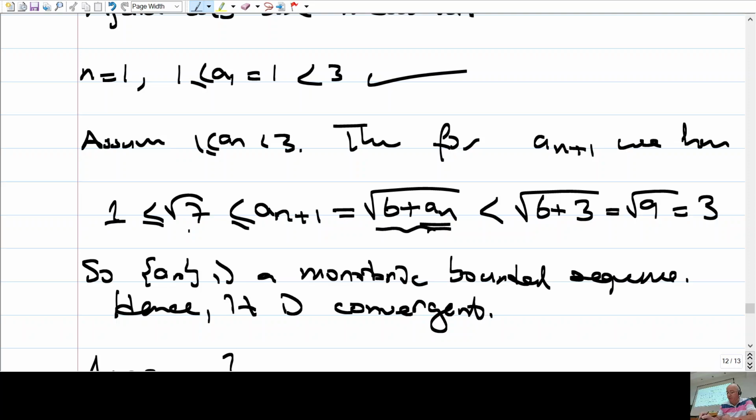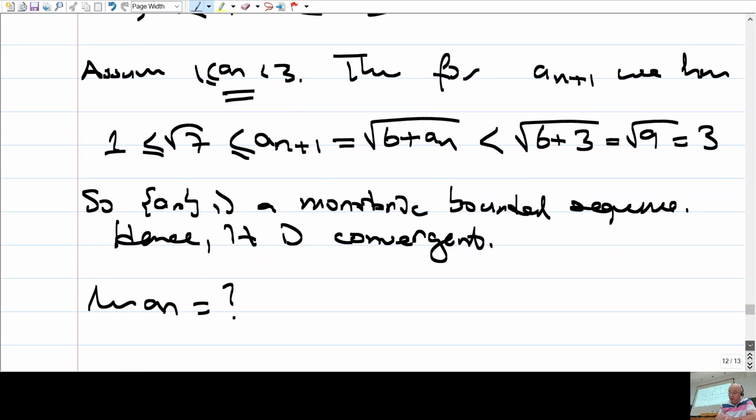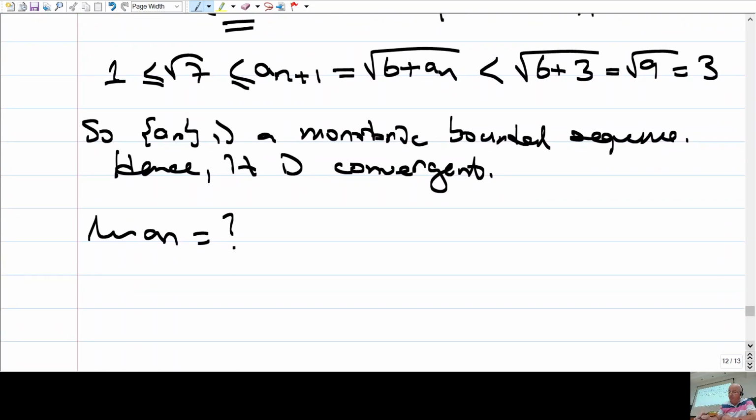Therefore, this term is greater than or equal to square root of 7, which is larger than 1. But also an is less than 3. Therefore, 6 plus an is less than 6 plus 3, which is 9. And square root of 9 is just 3. Therefore, a(n+1) is less than 3. So that proves that an is both increasing and bounded. In particular, it is convergent.